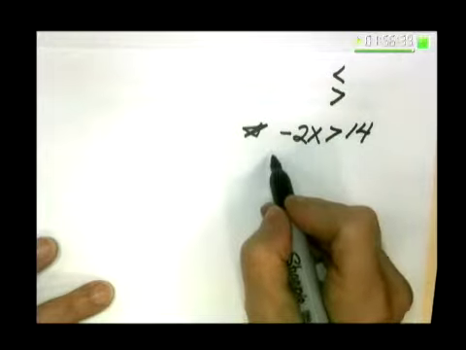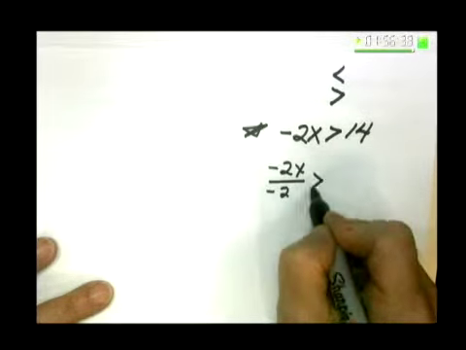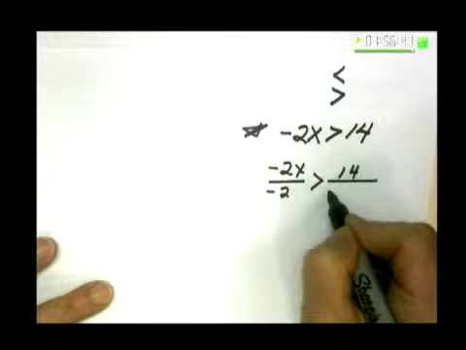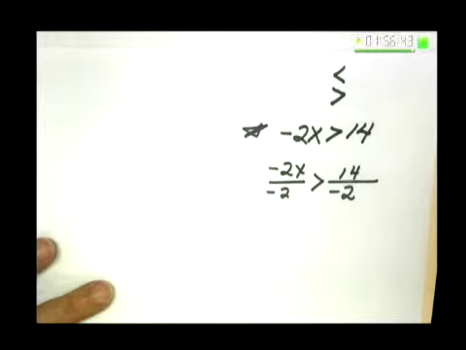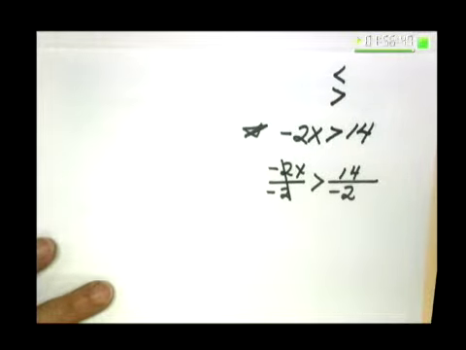So I'm going to divide both sides of my inequality by negative 2, just like I would do in an equation. The negative 2 over negative 2 reduces to 1, and I have 1 times x, or x.